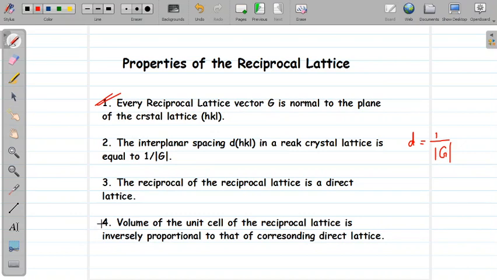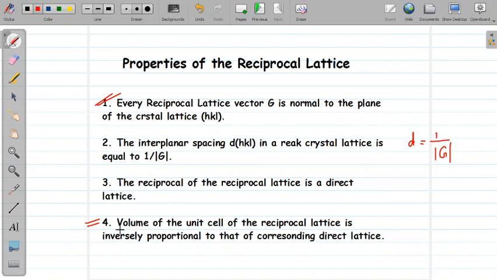Then the fourth property is that the volume of the unit cell of the reciprocal lattice is inversely proportional to that of the corresponding direct lattice. This is also obvious from the construction of the reciprocal lattice, because we know that in the reciprocal lattice the dimensions are inverse. The length is the reciprocal of the direct lattice and so on.